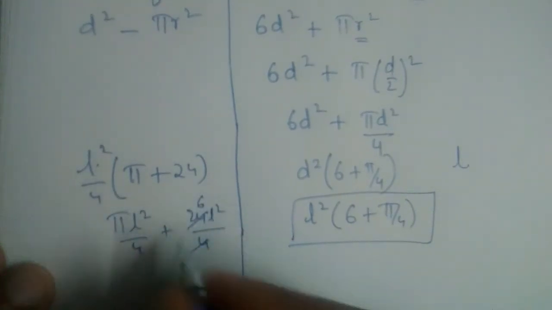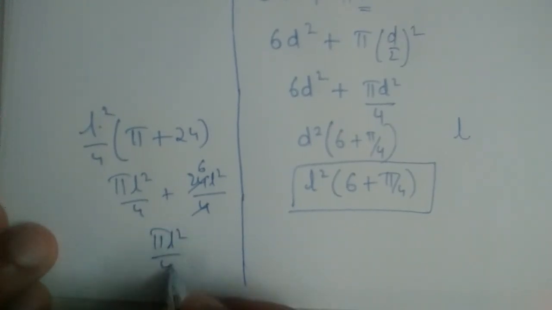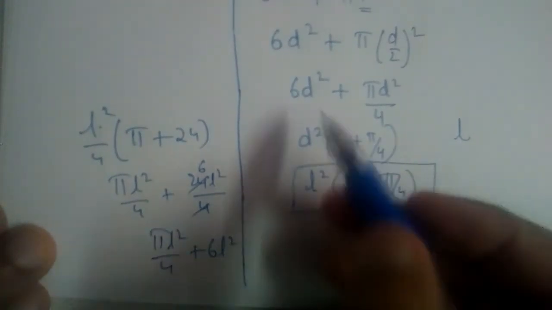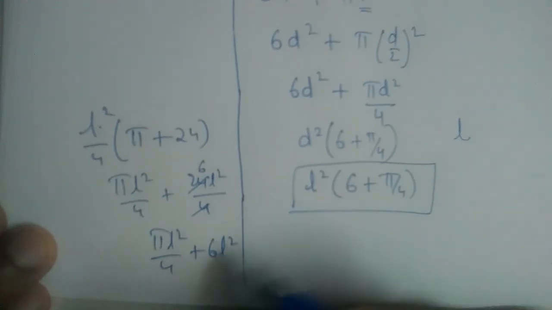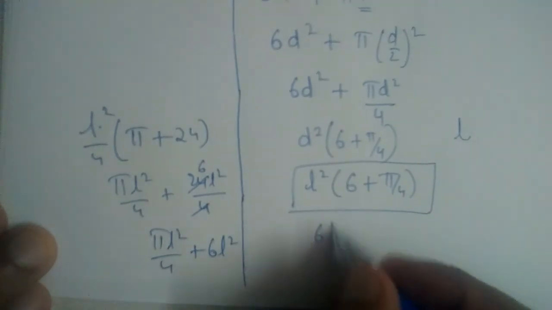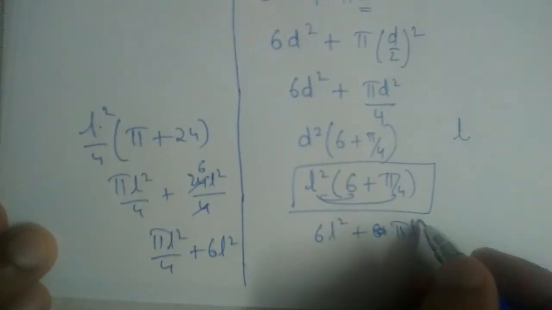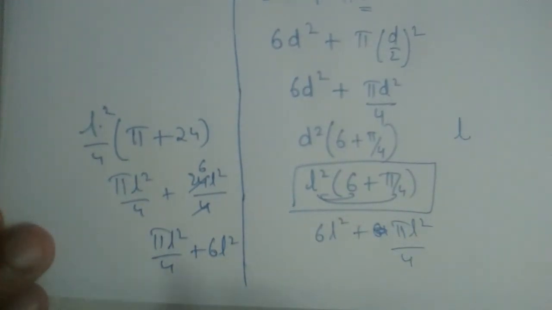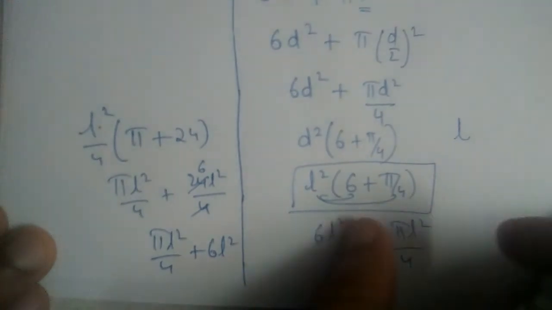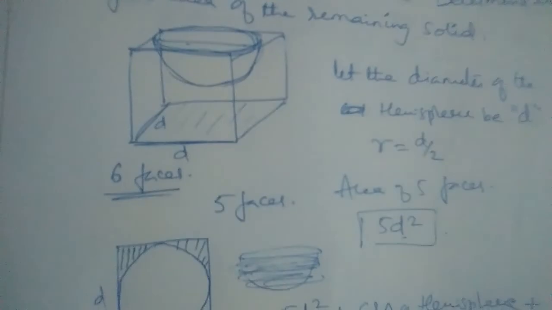So this will give us 6 only, right? So pi L square by 4 plus 6 L square. So these two are actually same. If we multiply this, 6L square plus pi L square by 4. So these two are same, right? So this is the answer for this question.